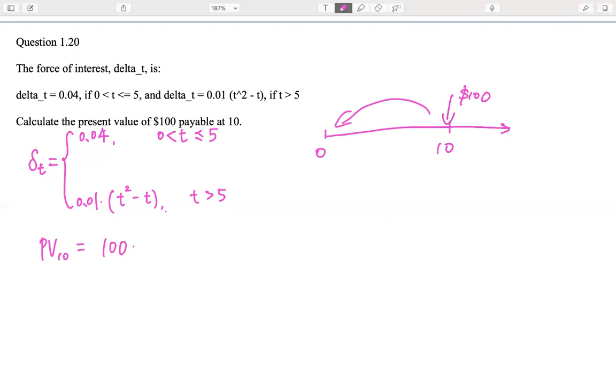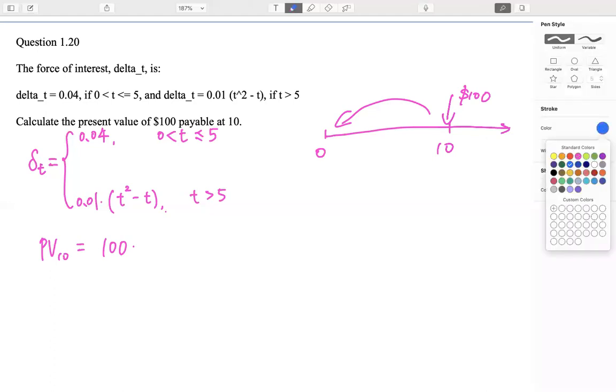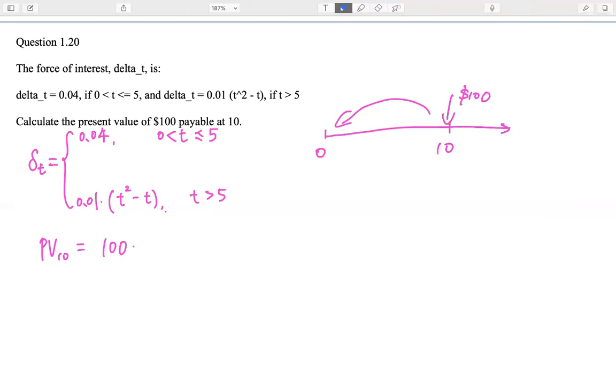So when you have force of interest, let me introduce a different color to give you another review. When you have force of interest in general form, I don't even need to specify delta t, I just call it delta t. It can be constant, can be non-constant, as in this case.